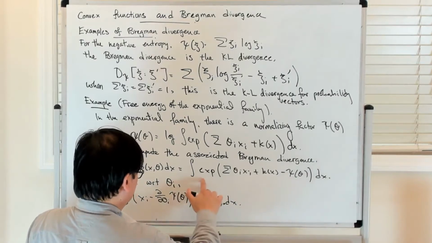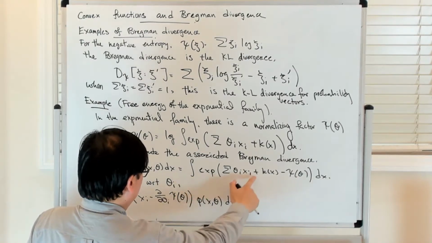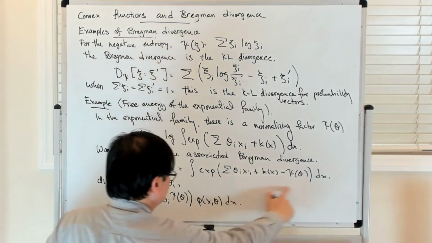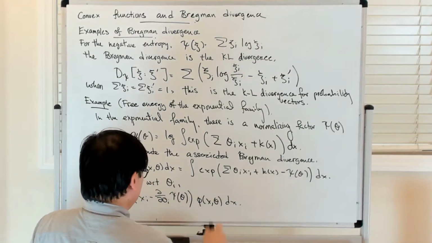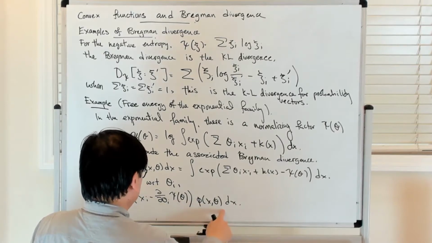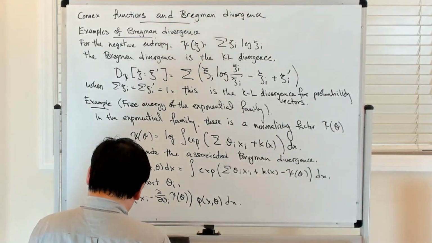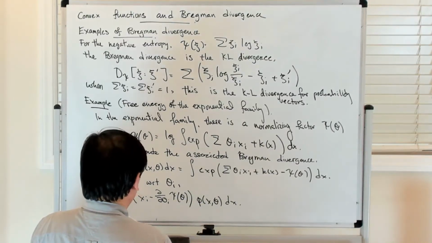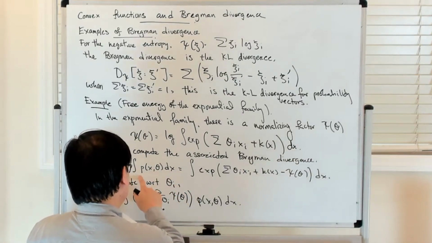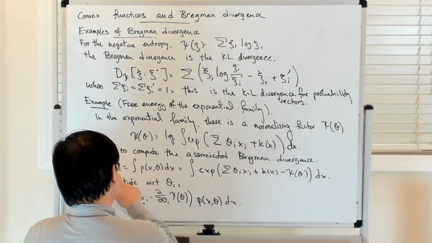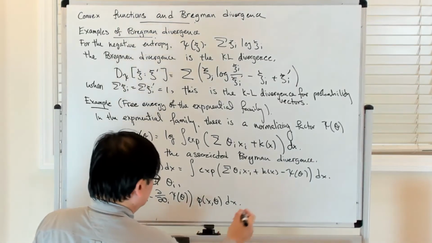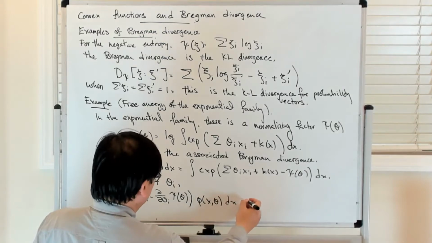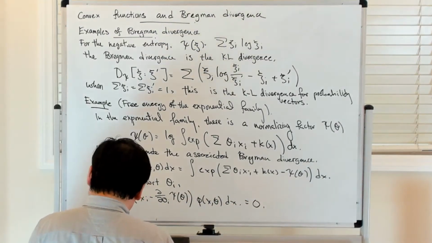Because when I differentiate this with respect to theta, I get the derivative of the thing inside the parentheses times this exponential again, and this exponential is just the probability distribution. So that's where I get this, right? But differentiating 1 with respect to theta is equal to 0, because 1 is independent of the theta i's, so that partial derivative is 0. So that's one condition.